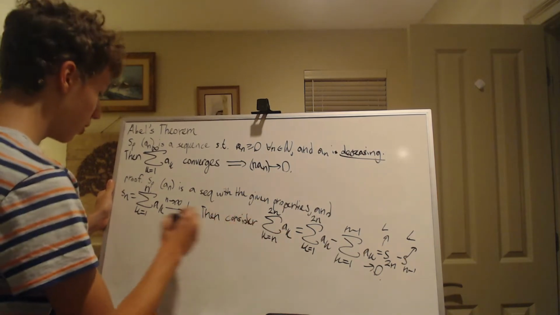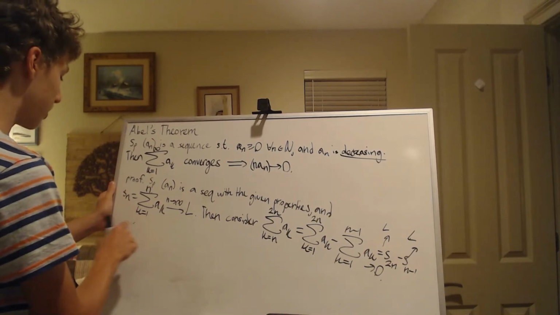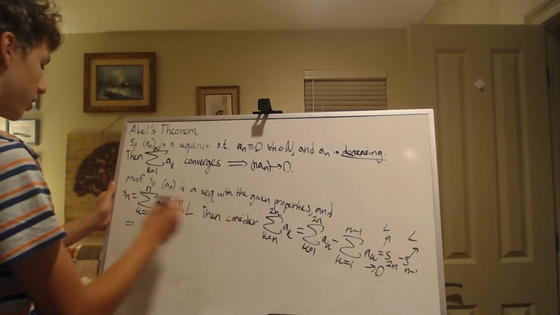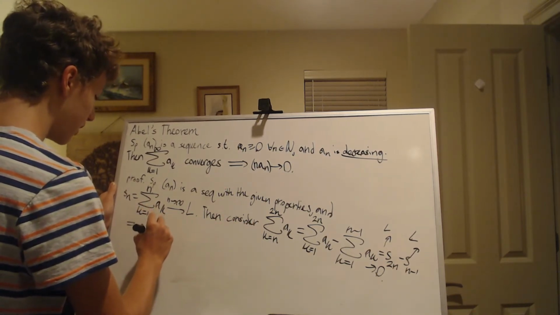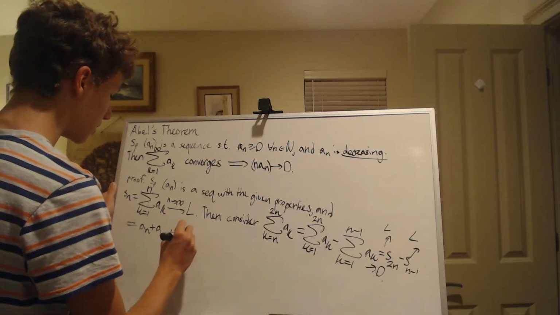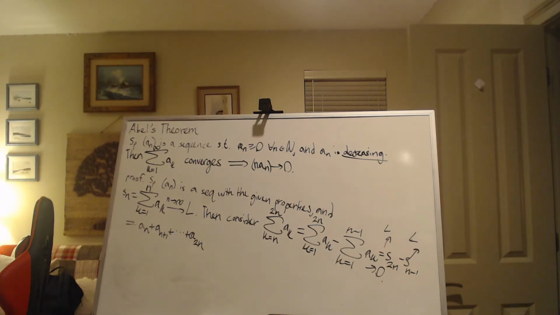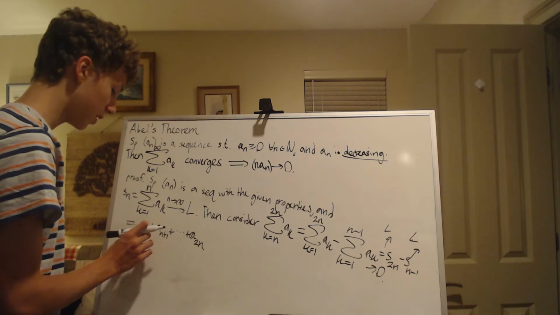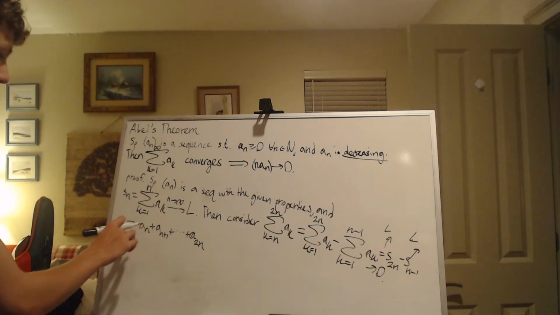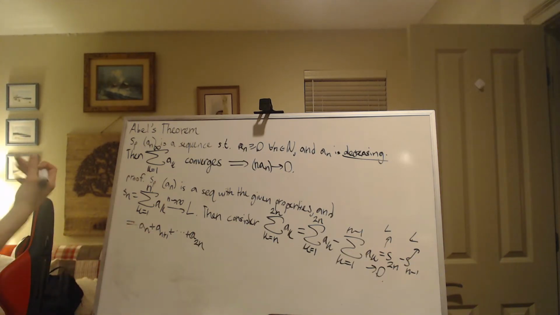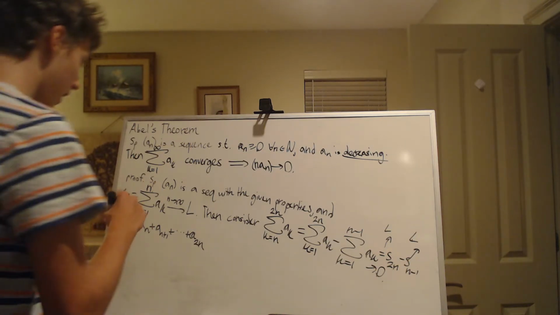Let's write out some terms. By assumption, this sum equals a sub n plus a sub n plus 1 plus dot dot dot plus a sub 2n. What we want to do is bound this below by something, and then use the squeeze theorem.